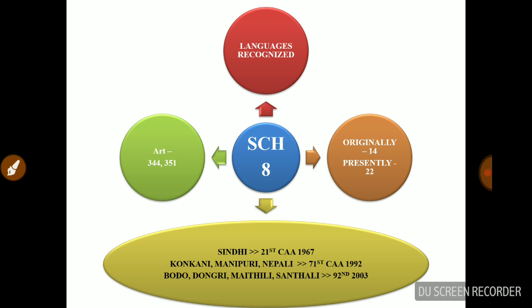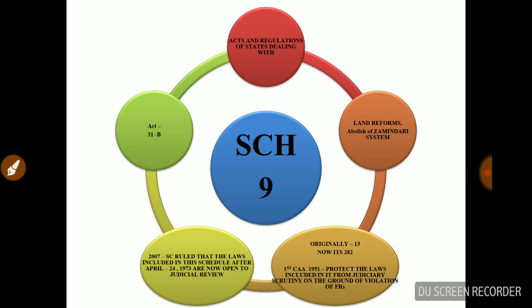Konkani, Manipuri and Nepali were added by the 71st Constitutional Amendment Act 1992. And recently Bodo, Dogri, Maithili and Santali were added to Schedule 8 by the 92nd Constitutional Amendment Act 2003. Whatever relates to this schedule is mentioned in Articles 344 and 351.